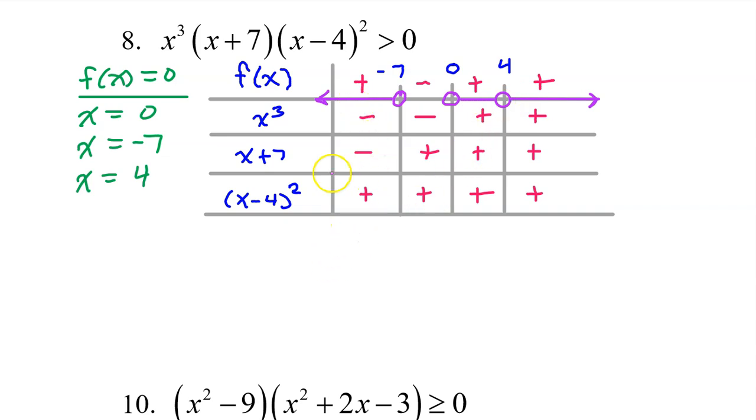So the first interval will be from negative infinity to negative 7, parenthesis, and then union 0 to 4, union 4 to infinity.